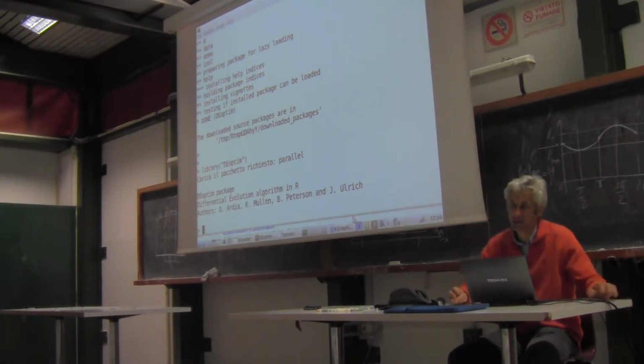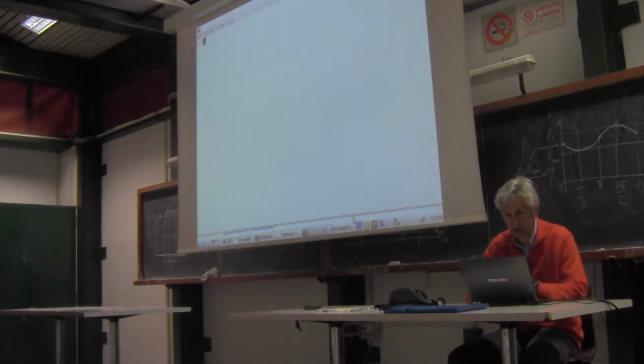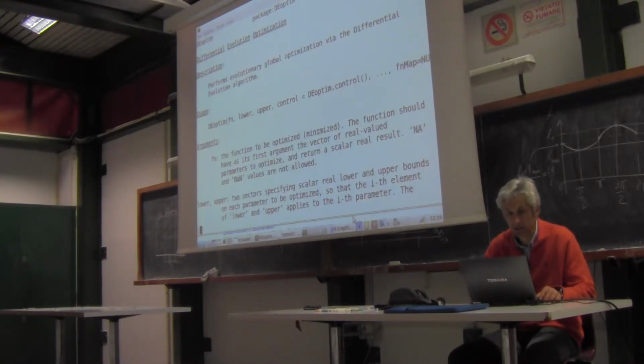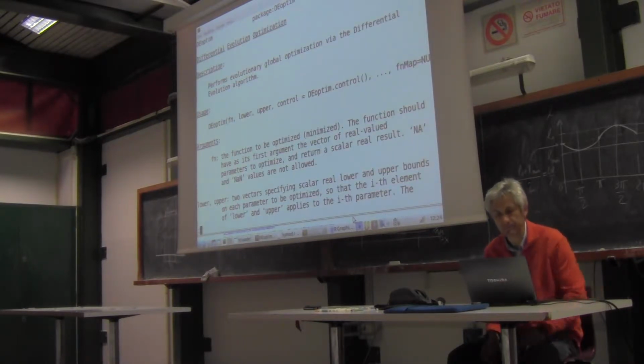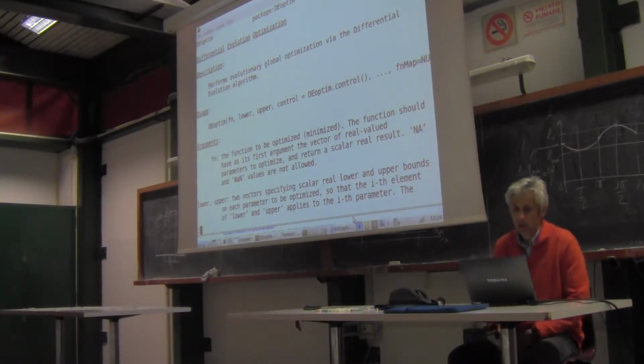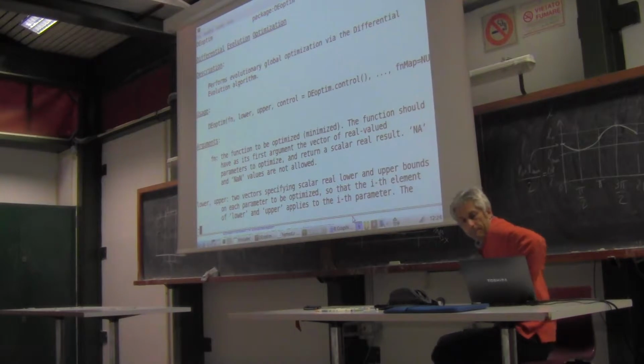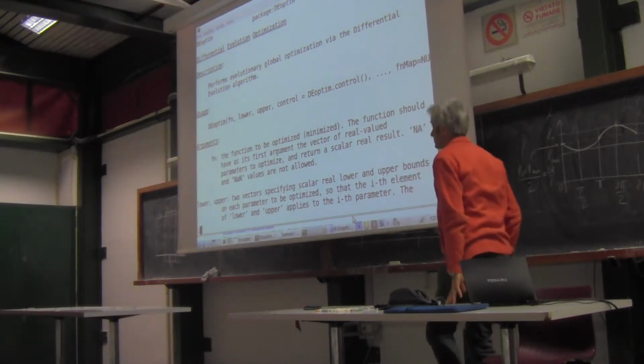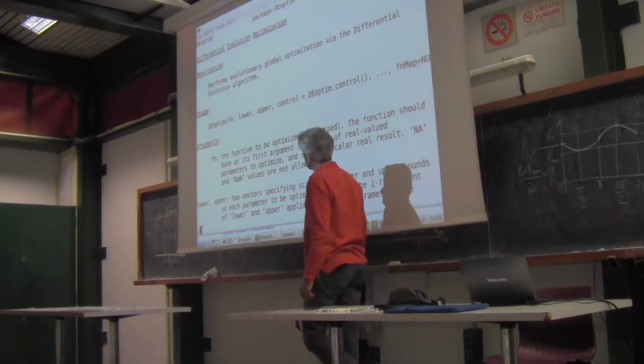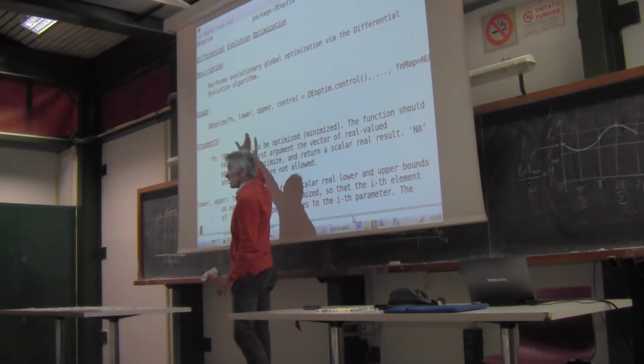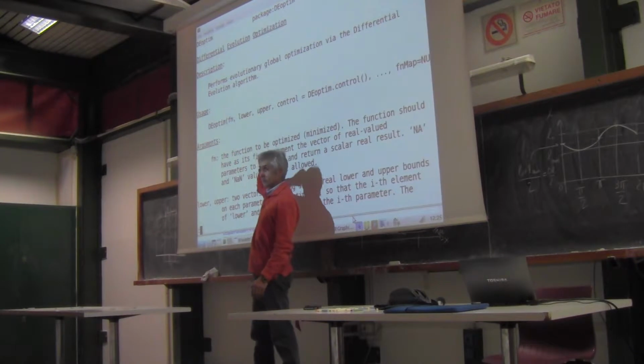Now, the good thing, if we loaded this function, is that if we type help DEoptim, we find it, and here we have the help. Let's look at the help, which is very easy, because we see that there are only 3 arguments, the other ones are default.